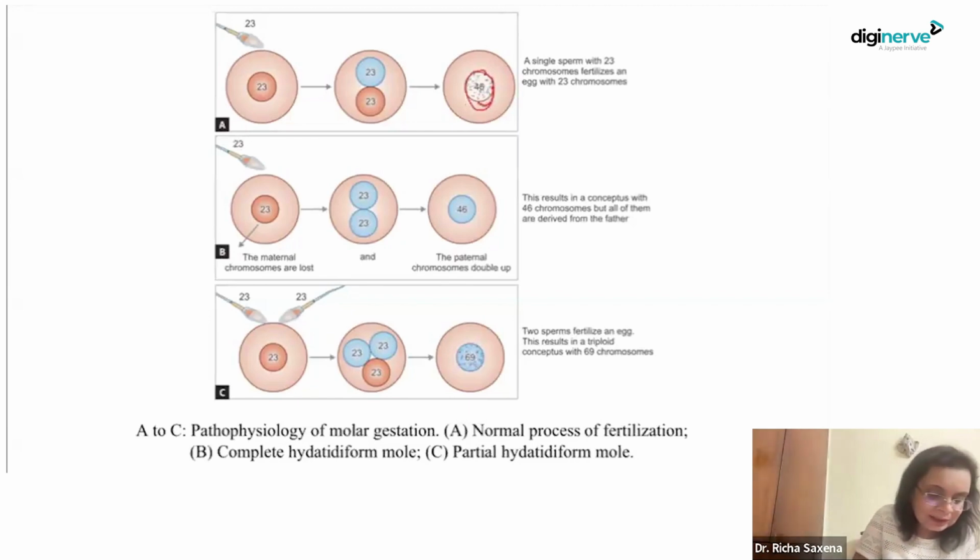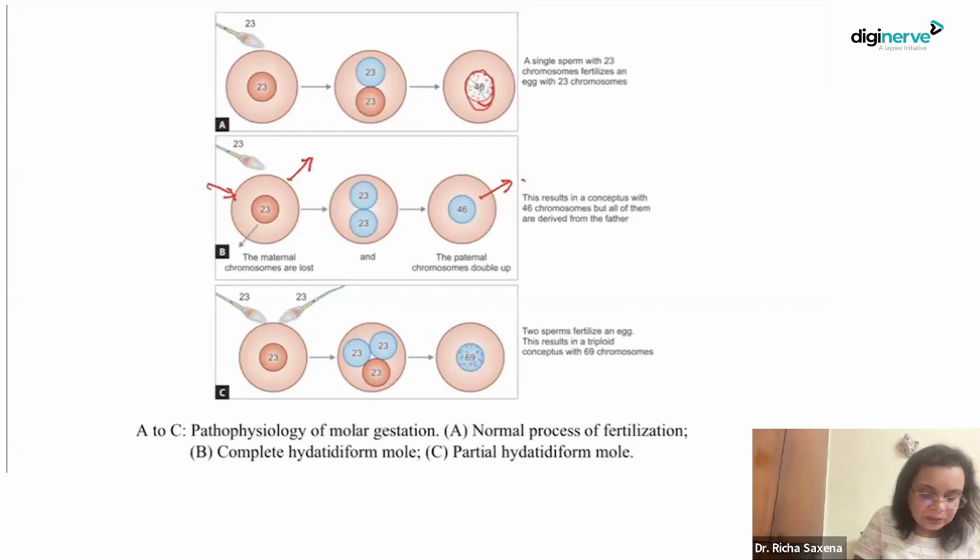But what happens in cases of a complete mole is the maternal chromosomes are lost. So this ovum becomes empty. And there can be two situations in this case. Either the same sperm's genetic matter duplicates and results in formation of 46 chromosomes, or there could be two sperms which fertilize the empty ovum, and this may result in just the paternal chromosomes being there in the embryo or the zygote.